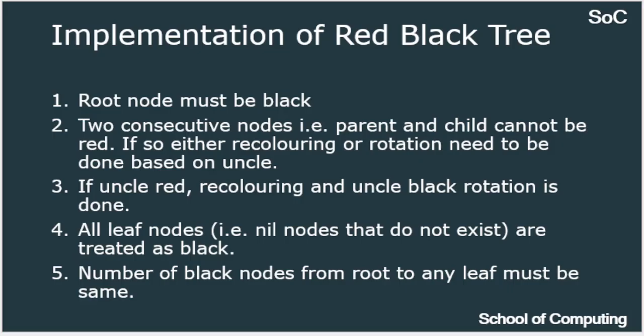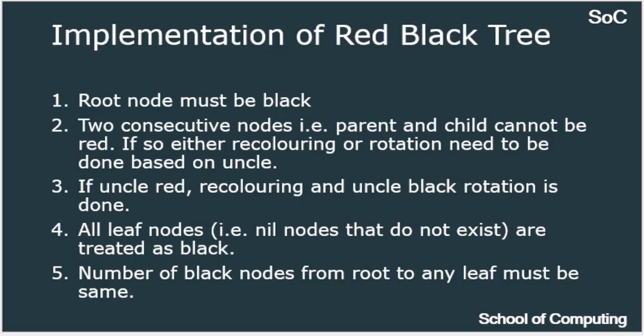And when we construct our red-black tree by following these rules, we need to ensure that the number of black nodes from the root to any leaf must be same. So at the end of the construction of RBT, if you check the number of black nodes from root to every leaf node, you should be able to get the same number of black nodes. If you did not see the same number of black nodes from root to every leaf node, it means there was some error in the construction of red-black tree.